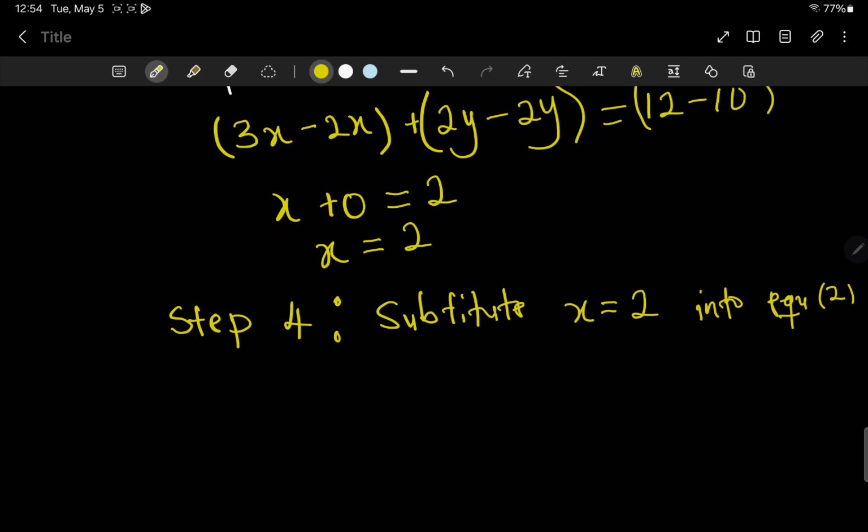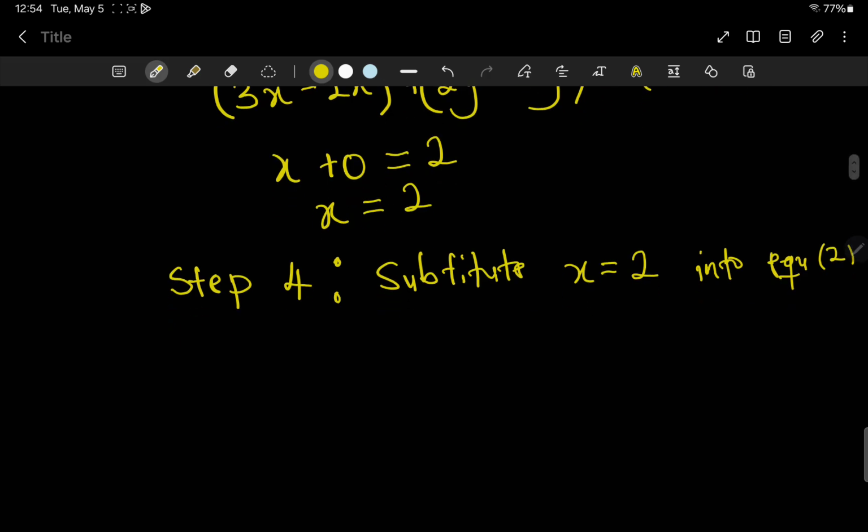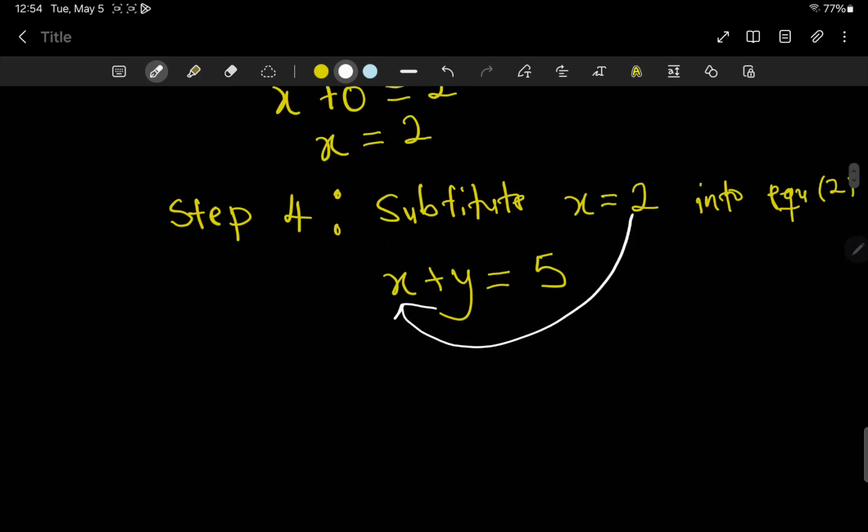Okay, so the equation 2 is what? For equation 2, we have x plus y is equal to what? 5, right? So now let's put this value of x into the equation. So you realize that we will have 2 here plus y is equal to what? 5.